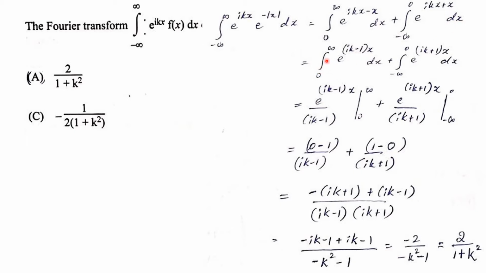Here integration of this will be e raised to (ik minus 1)x divided by (ik minus 1) in the limit 0 to infinity plus e raised to (ik plus 1)x divided by (ik plus 1) for the limits minus infinity to 0. If you simplify this one, you will get the answer 2 divided by 1 plus k square. Therefore, option A is correct.